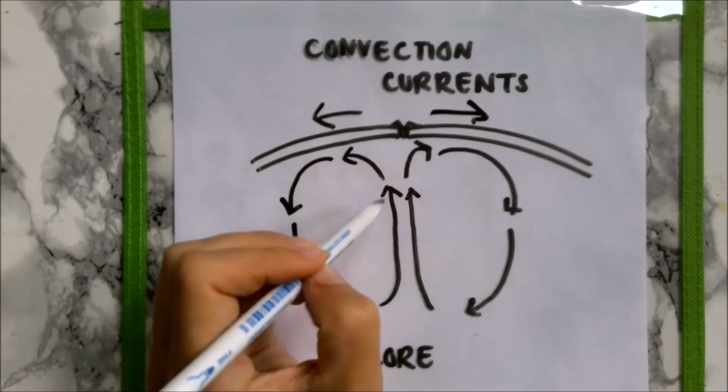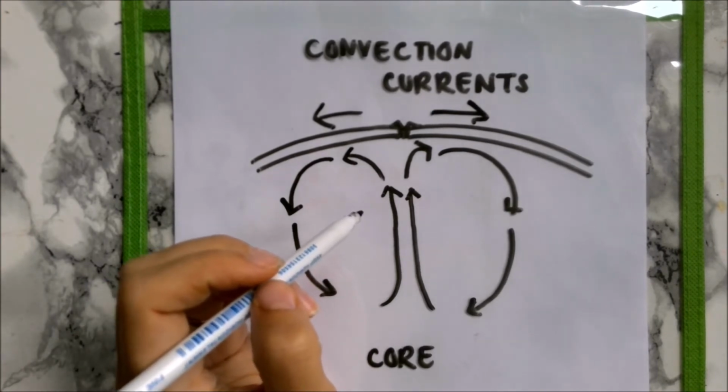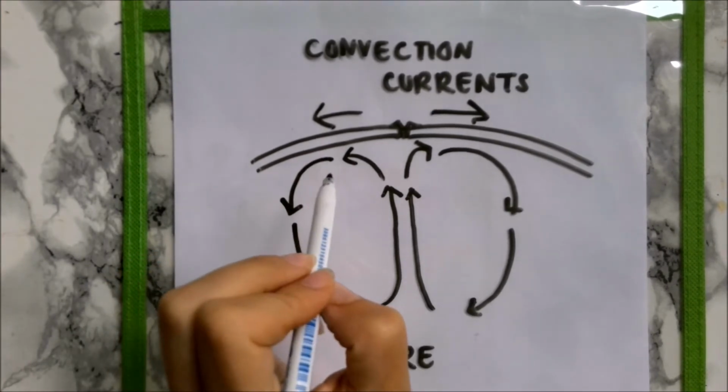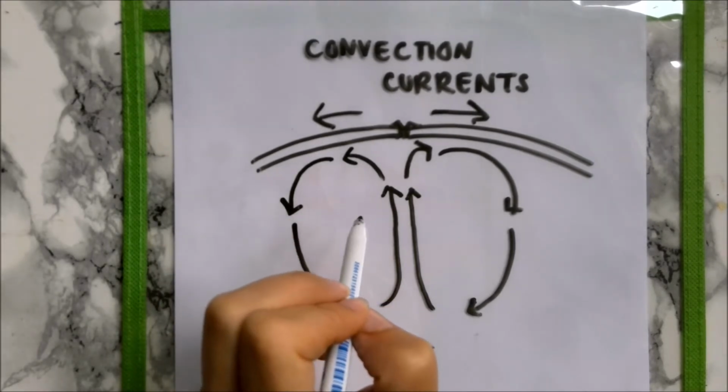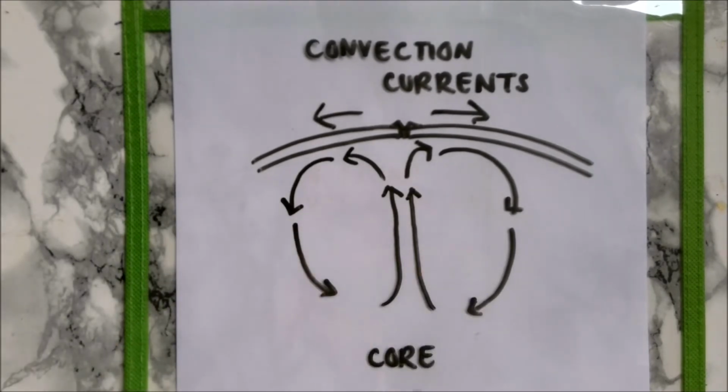Now obviously the convection currents could be doing something slightly different, so I'm just going to pause the video, draw a destructive plate boundary and show you how that convection movement can lead to a slightly different or a very different process on the surface.